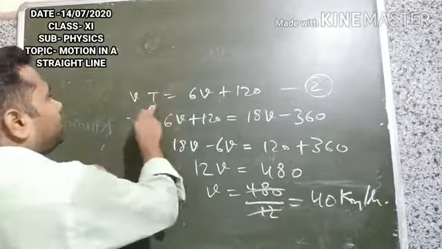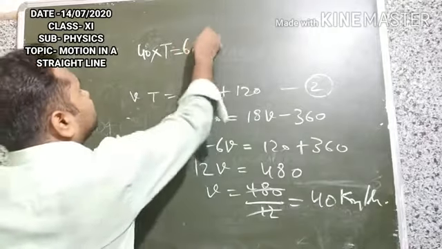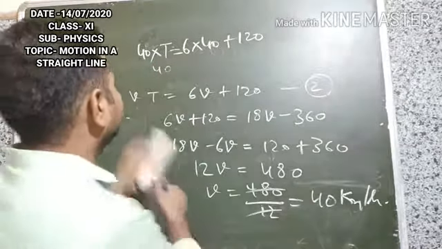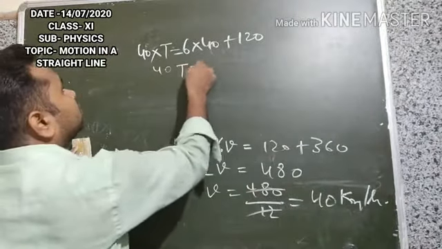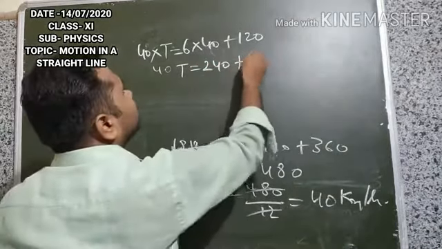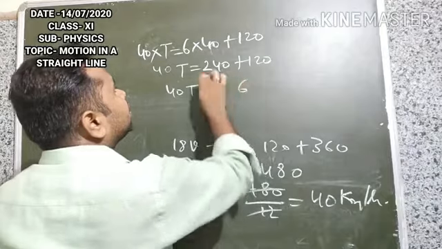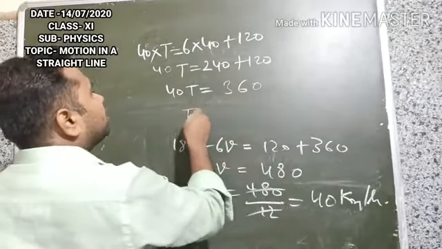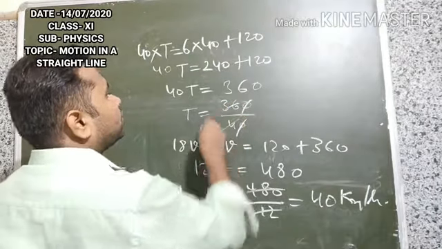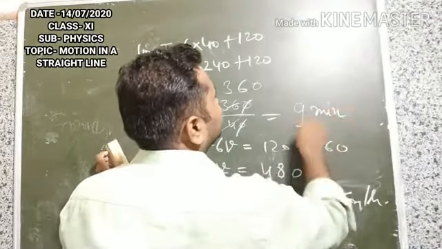So finally v into t, v is 40, t is unknown, we have to find this. 40t equals 6 into (40 plus 120). 6 times 40 is 240, plus 120. 40t is equal to 360, or t equals 360 upon 40, which is 9 minutes.